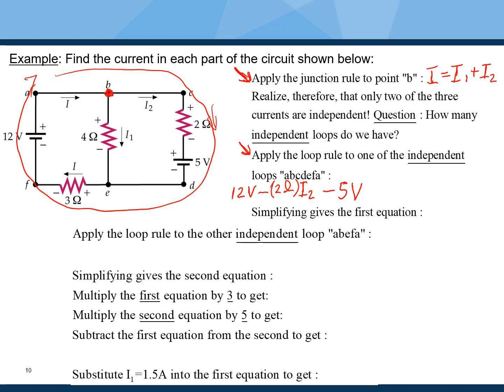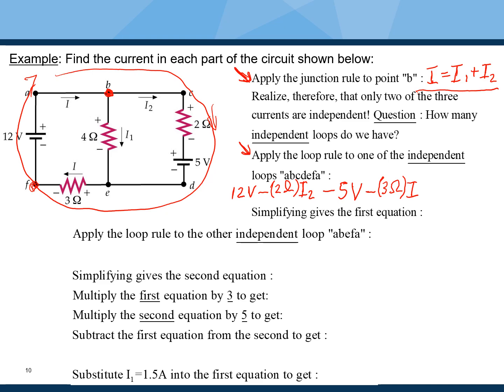And then we find ourselves at the point D, and we can go from D to E without any voltage change. And then to come back to the original location F, we're going to have to go from E to F. Notice that as we go through E to F, we're going to have to go through that left lower 3 ohm resistor in the direction of the current I. So we'll actually go ahead and say that we have minus 3 ohms times I. But that's where it becomes interesting, because we realize that wherever we have I, we can actually replace it with I1 plus I2.